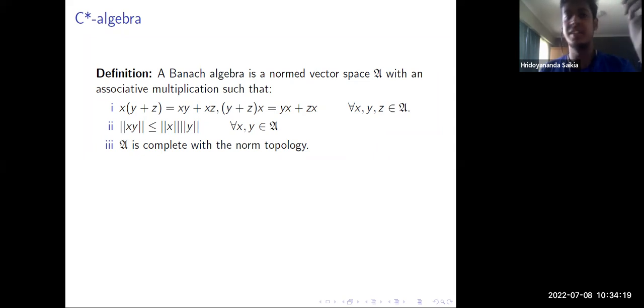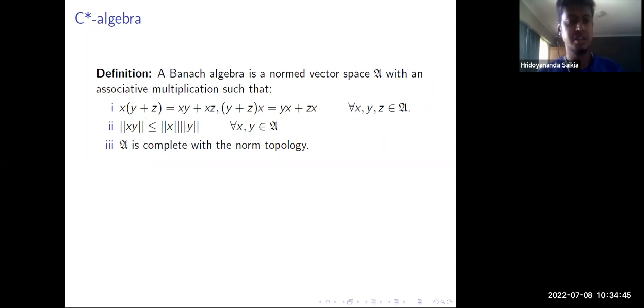You can multiply two vectors to get another vector, and this multiplication is compatible with the vector space structure. Firstly, it is distributive. That means if x is multiplied with y plus z, it gives you xy plus xz, and similarly so on.